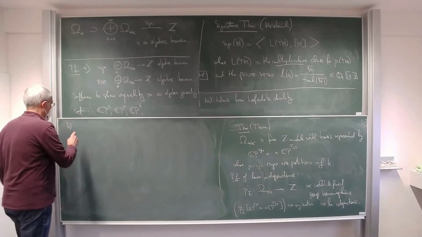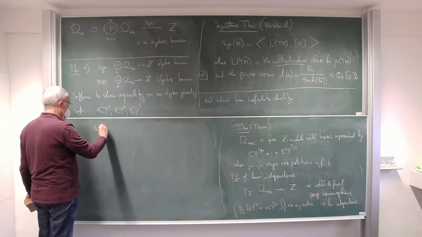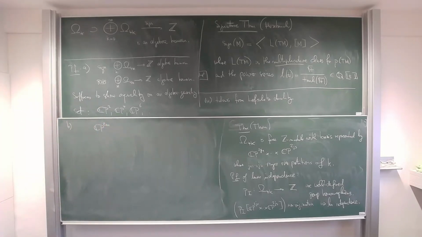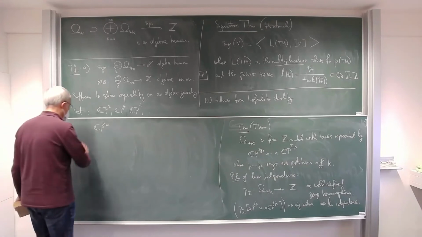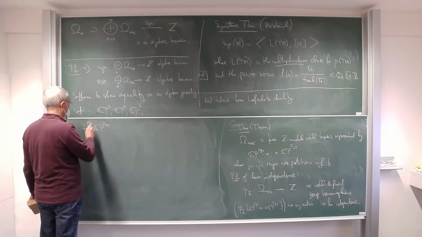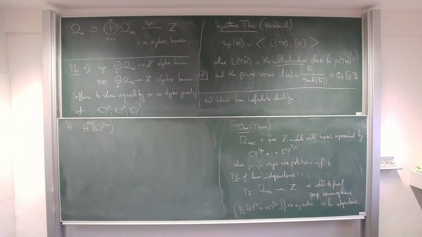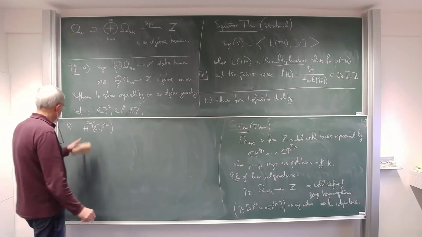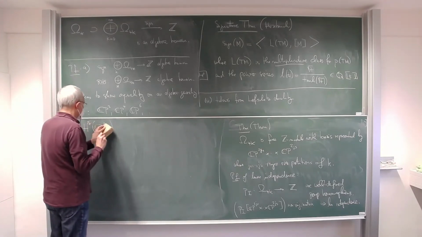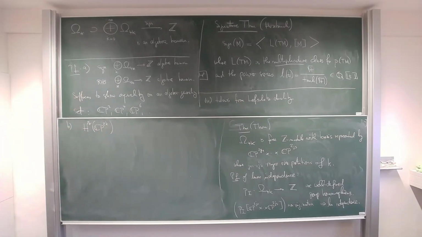If I have CP^2m here, what is its signature? So I have to look at the 2m-dimensional cohomology of CP^2m. The real dimension of that thing is 4m, or let me call it 4k to be consistent with the previous notation. We are in Omega^4k here.